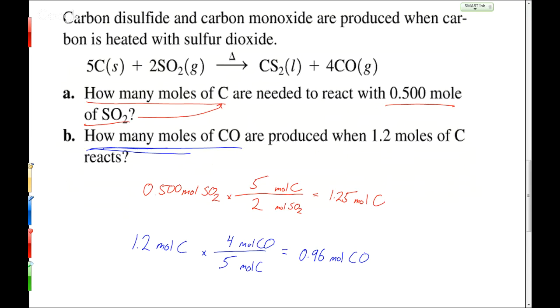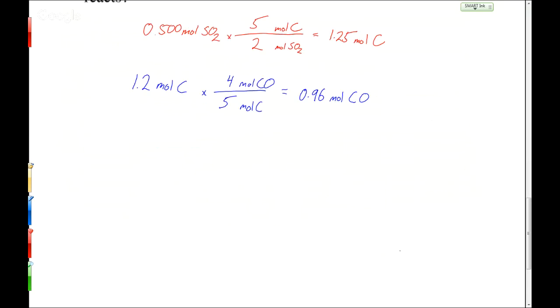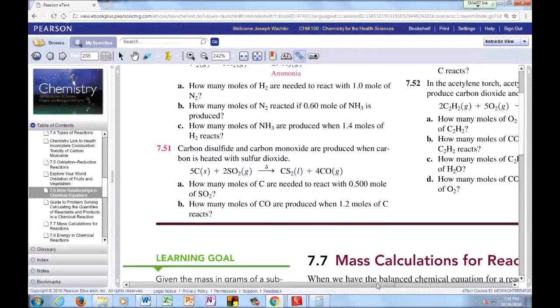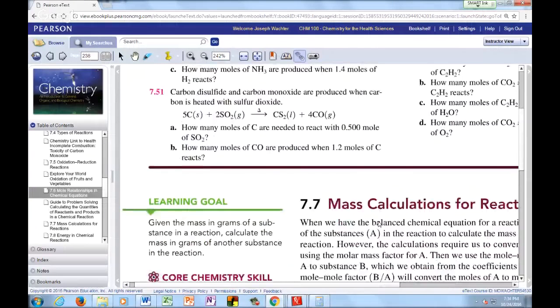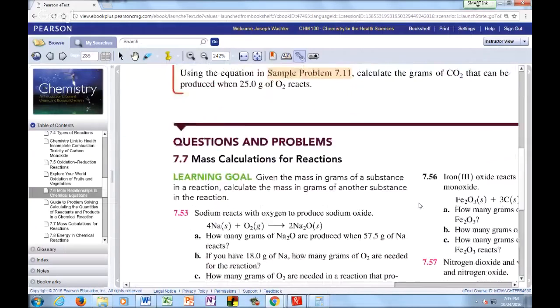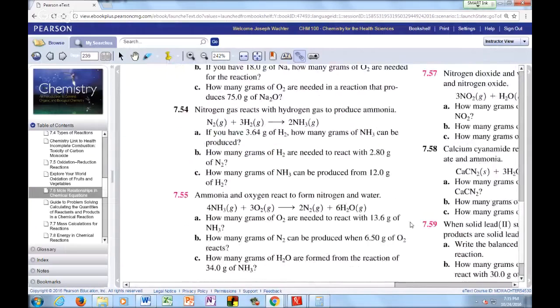Right? So then the second one's done the same way. We just start with a different thing. So we're going to start with that 1.2 moles of C. And now we need a factor that gets us from moles of C to moles of CO, because the question again is, how many moles of CO are produced?